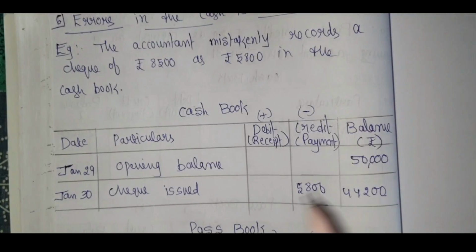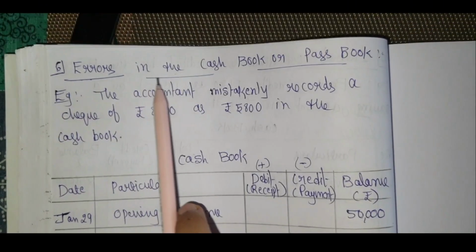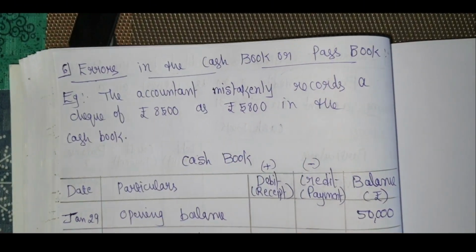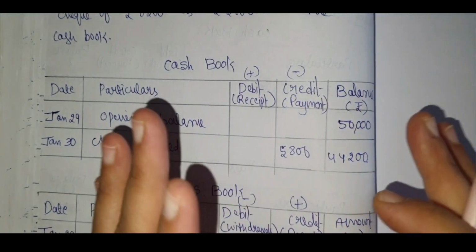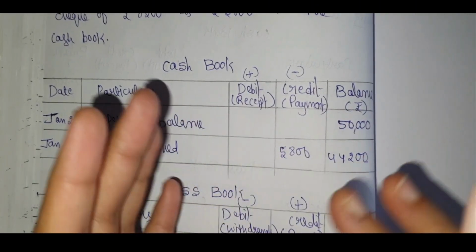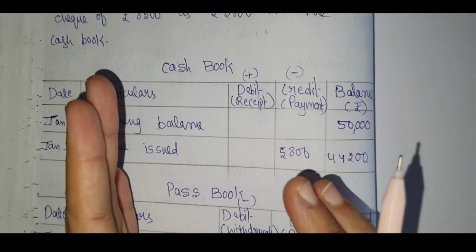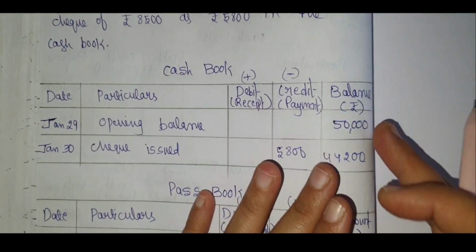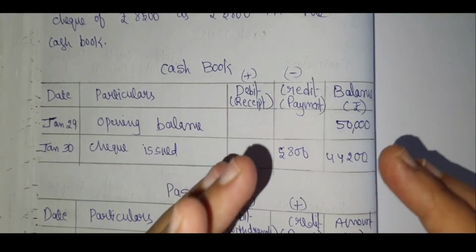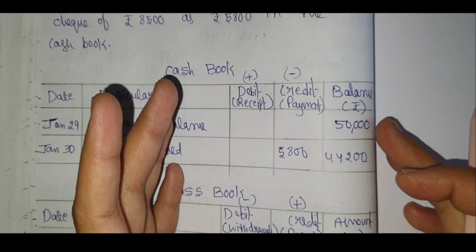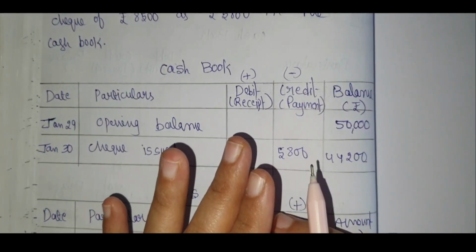Okay, this is the sixth situation, errors in the cash book or passbook. These examples clearly show how differences arise between the cash book and passbook, and how a bank reconciliation statement helps to identify and correct them.